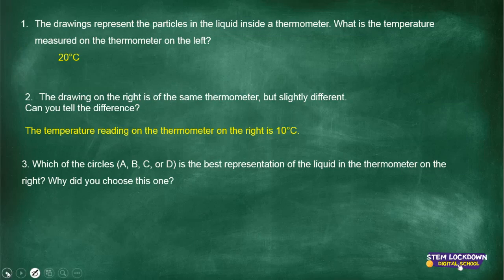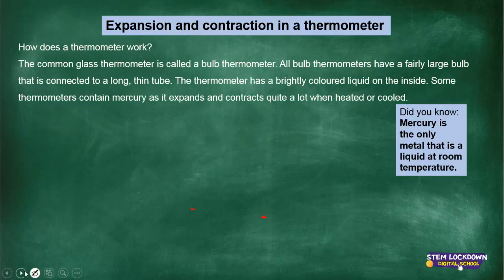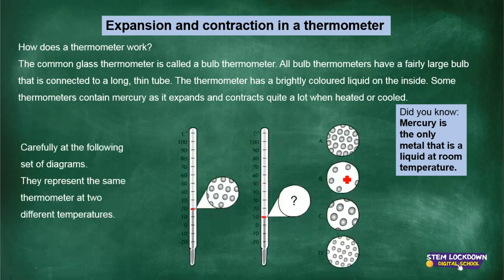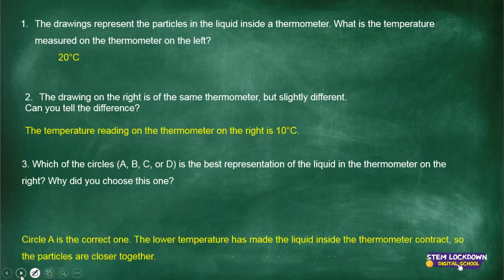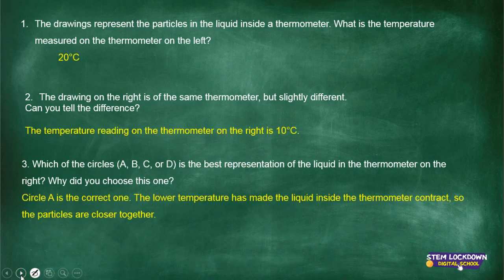So if I go back quickly here, it was A, B, C, or D. Which is the best representation for the particles of the mercury in this thermometer? Let's see what the answer would be. Okay, so circle A is correct, the one where the particles were closely packed, because the lower temperature made the liquid inside the thermometer contract, so the particles got closer together.